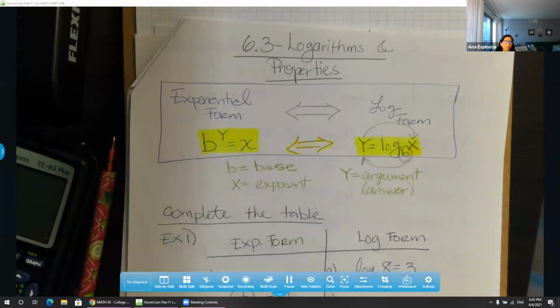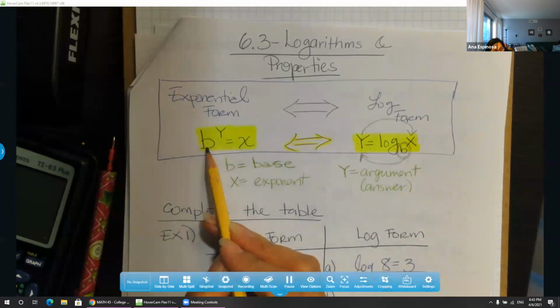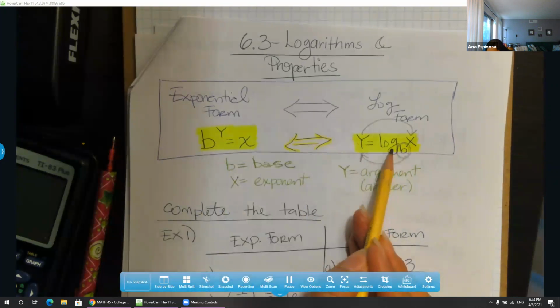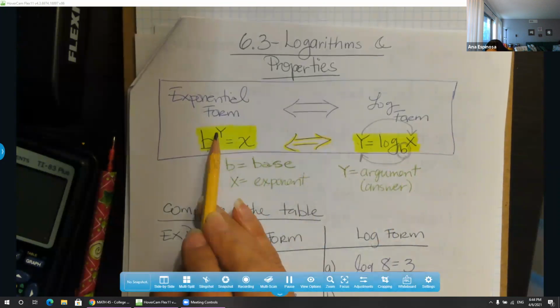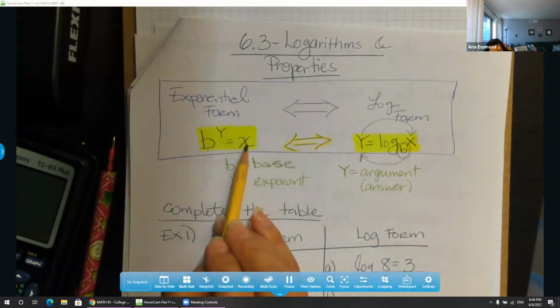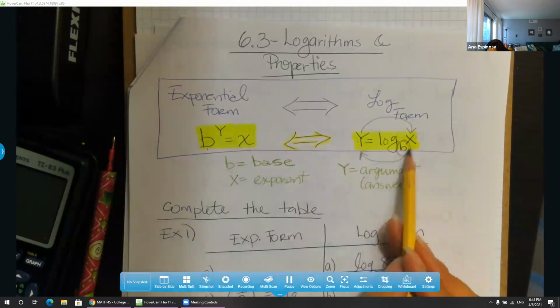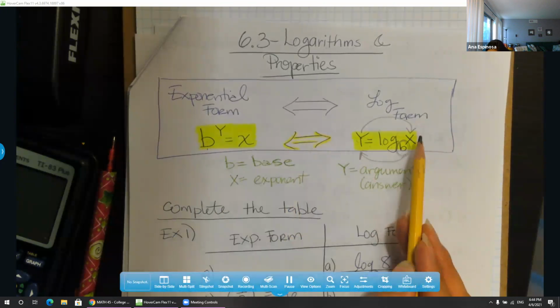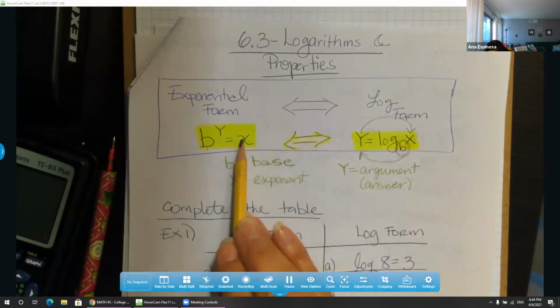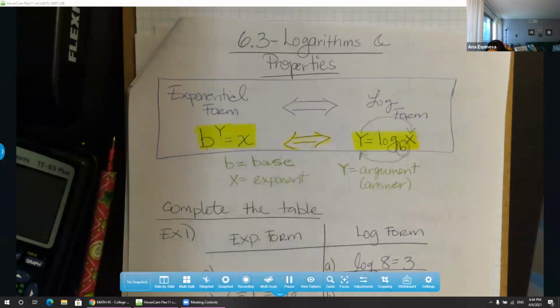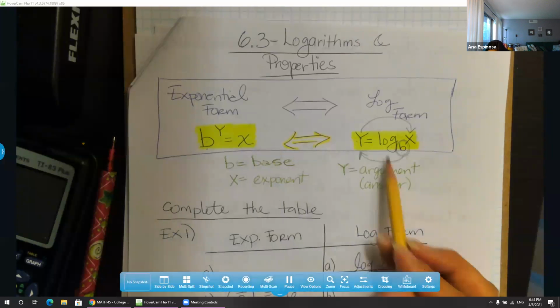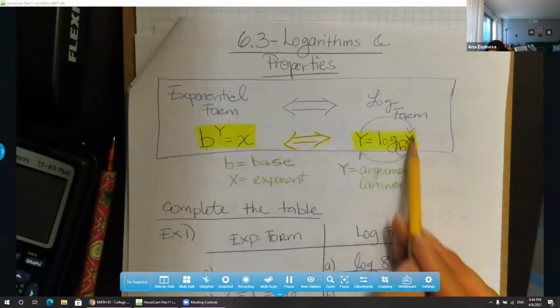Okay, it's going to equal to that. So you have your B. This is how this gets converted to that. So I have a B, raise it to the Y, equals the X. That's why over here, this is your base, this is the exponent, because when you convert it, it becomes the exponent. Okay? And then Y is the argument in here.